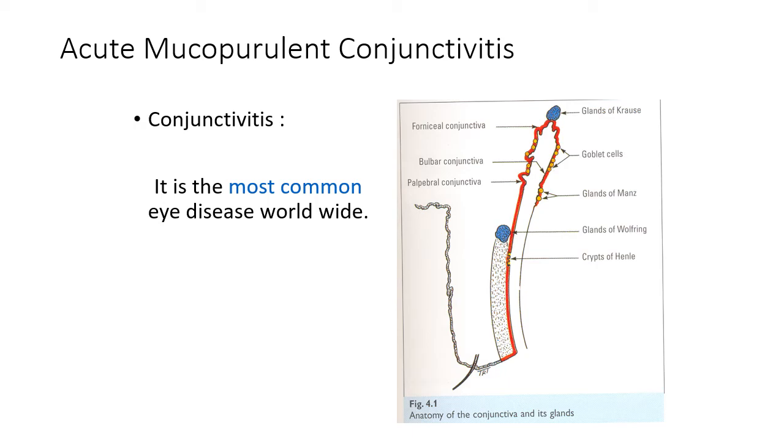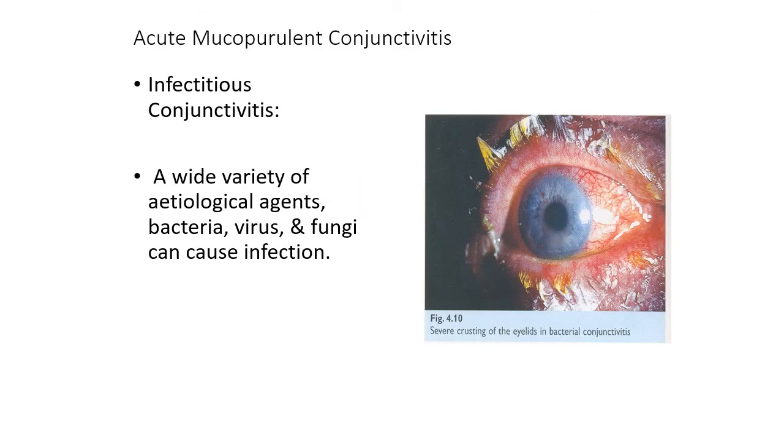So there is a cellular response, a vascular response, a conjunctival tissue response and a conjunctival discharge. All these cause a type of discharge and there can be lymphadenopathy. There can be papillae, follicles, and membrane. In infectious conjunctivitis, a wide variety of etiological agents can cause infection.